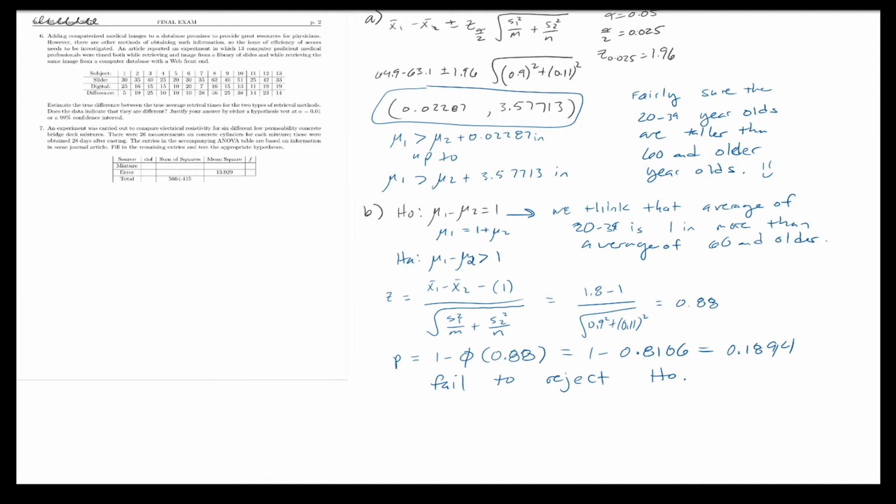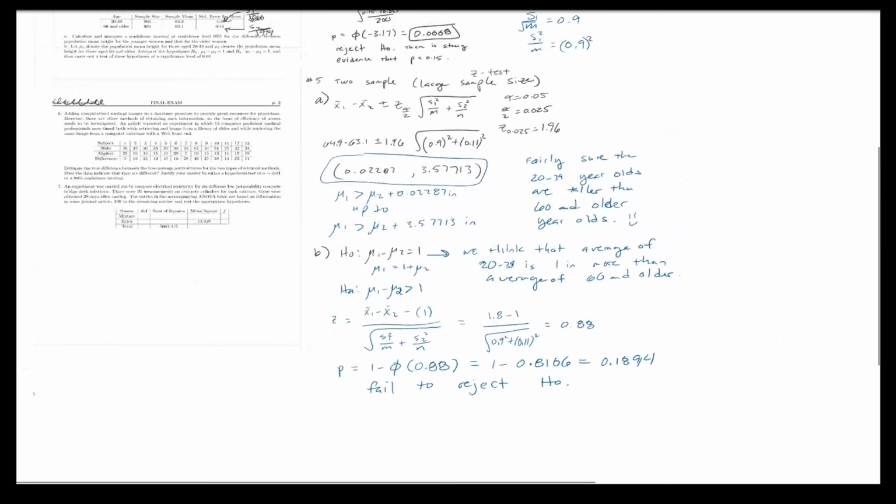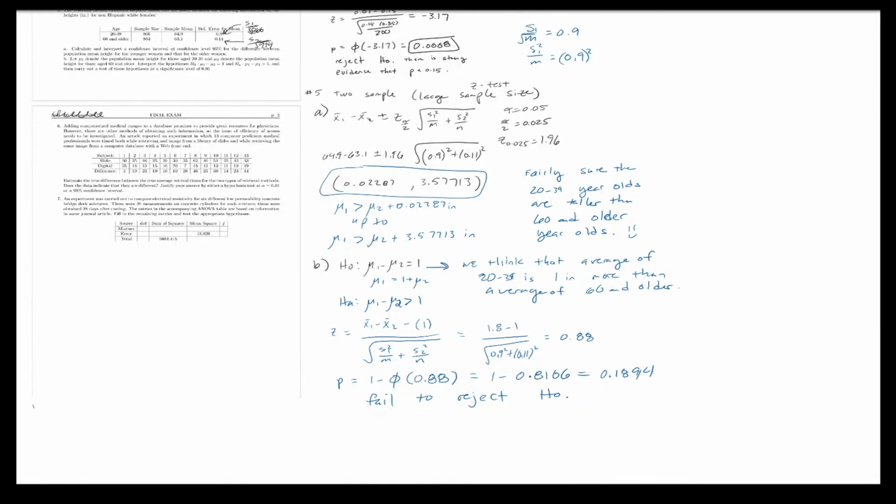That's crazy, because those deviations were pretty large already. So yeah, that's the two sample Z test. So you could have a two sample T test. And you could also have two sample population proportions.